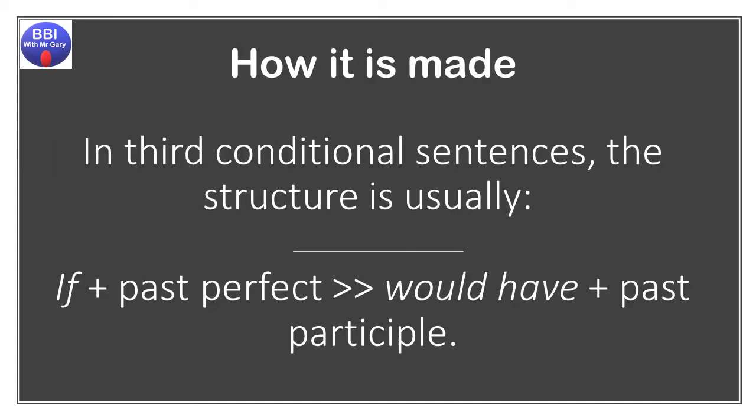How is the third conditional made? Well, in third conditional sentences, the structure is usually if plus past perfect, comma, would have plus past participle. You might know this as the verb 3.